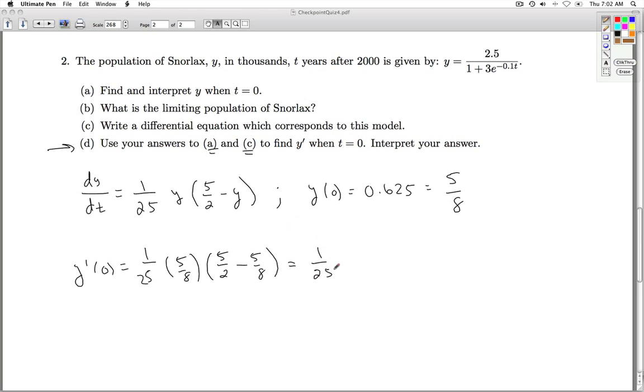So that's 1/25 times 5/8 times, this would be 20/8 minus 5/8 is 15/8. And so there's a good amount of canceling we can do here. And I get 3 over 64.